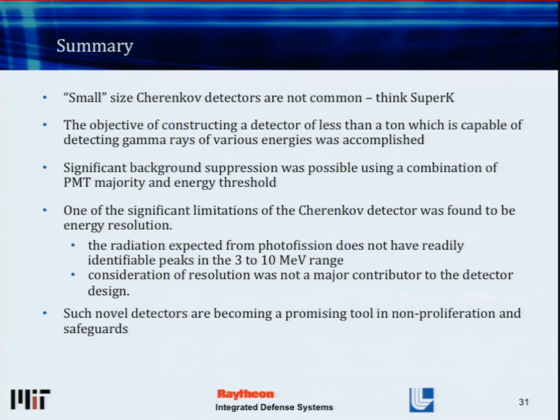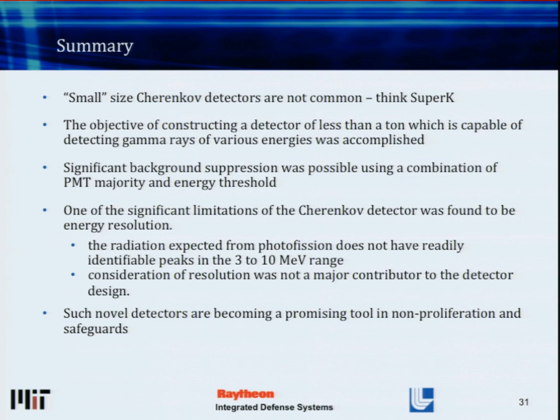We achieved significant background suppression by using various combinations of both electronic threshold and PMT majority. And we determined that one of the significant limitations of this detector was resolution, which is very poor. However, that was not a major contributor to the detector design.